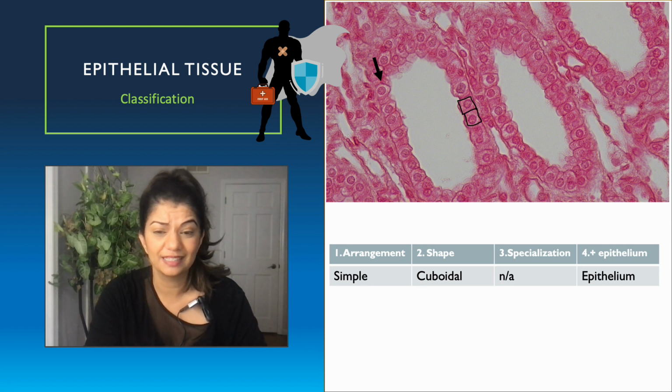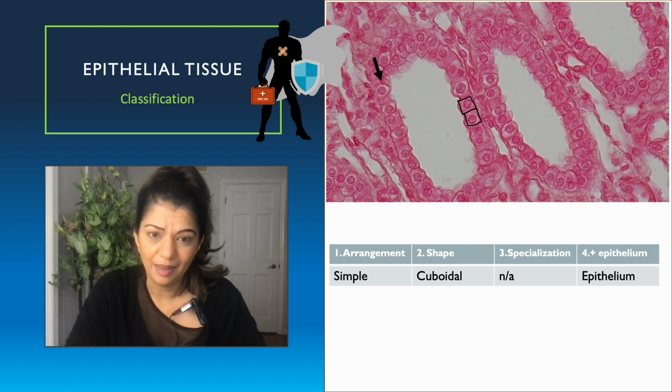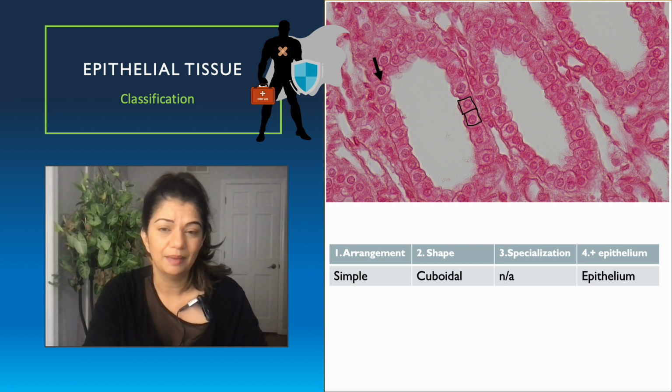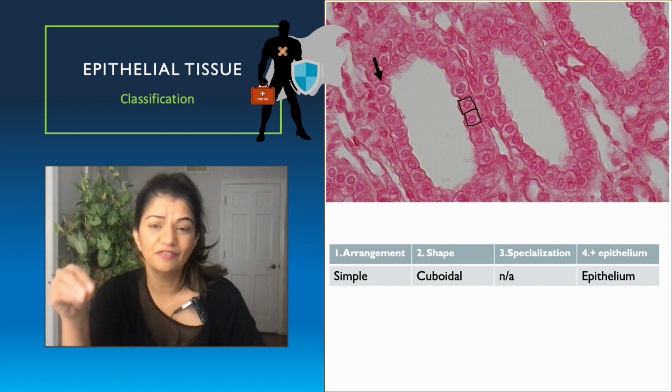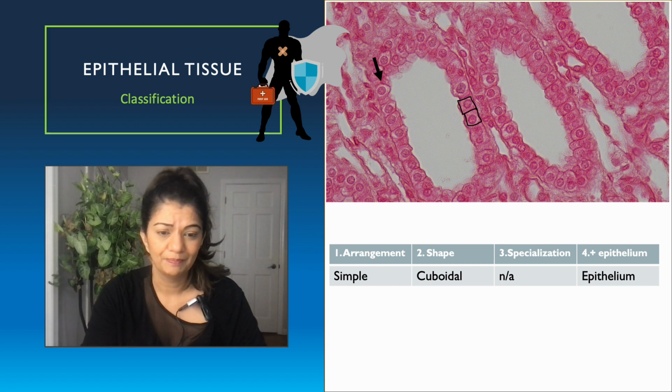Is there any specialization that we should be noting in the nomenclature? No, there isn't really. And then we just add the word epithelium. So this is going to be your simple cuboidal epithelium. And this is epithelia that is very active in secretion and absorption of molecules. So you're going to find them in the lining of the kidney tubules and in the ducts of glands.